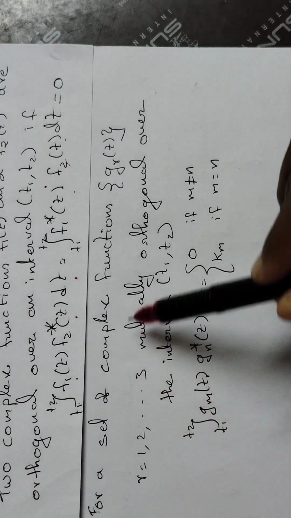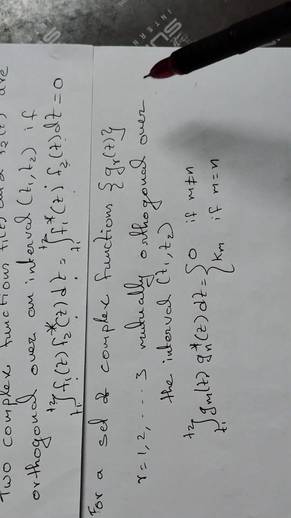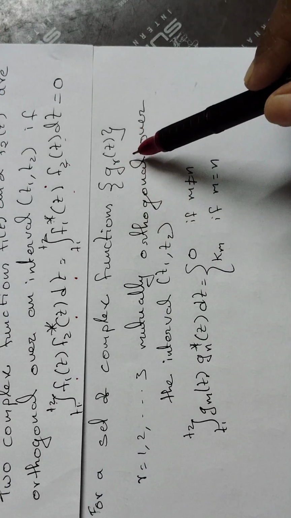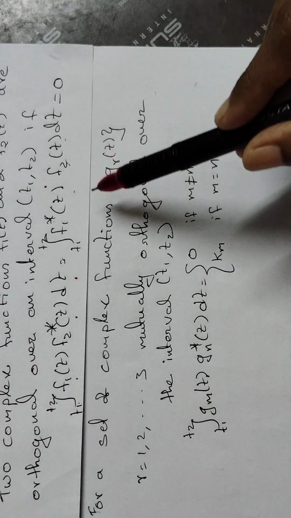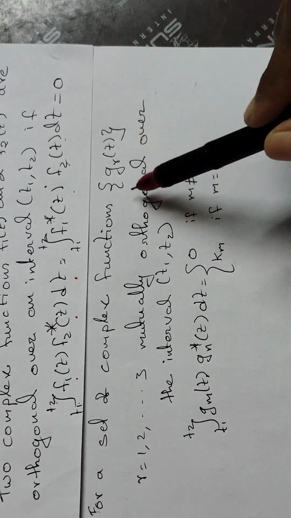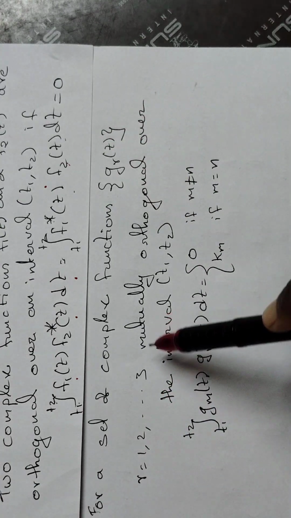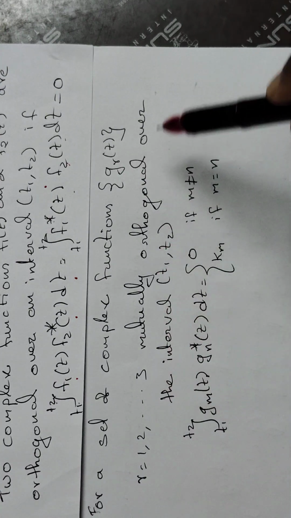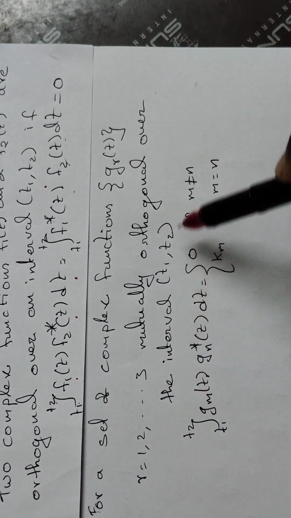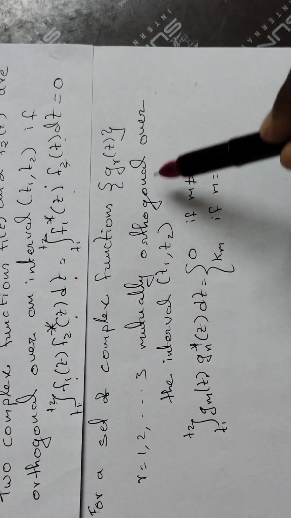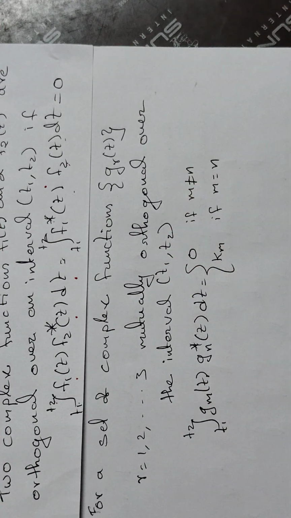If you take a set of complex functions, represented as g r of t, where r is equal to 1, 2, 3 and so on, these are mutually orthogonal over an interval t1 to t2. So how to write the equation?